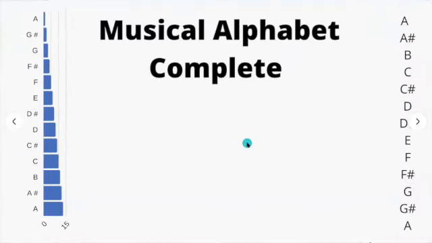All right, so here is the musical alphabet complete. It really goes A, A sharp, B, C, C sharp, D, D sharp, E, F, F sharp, G, G sharp, A. So not only do we have our A, B, C, D, E, F, G, and go back to A, we also have other notes that raise the pitch higher.